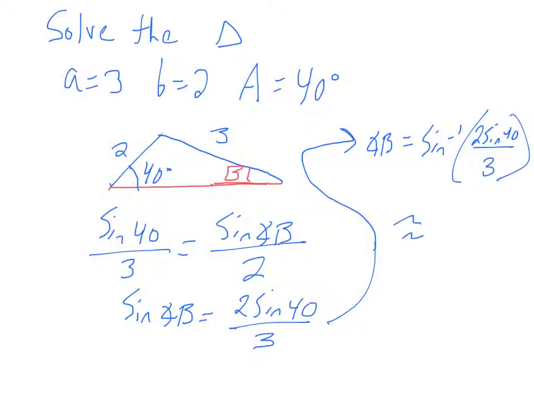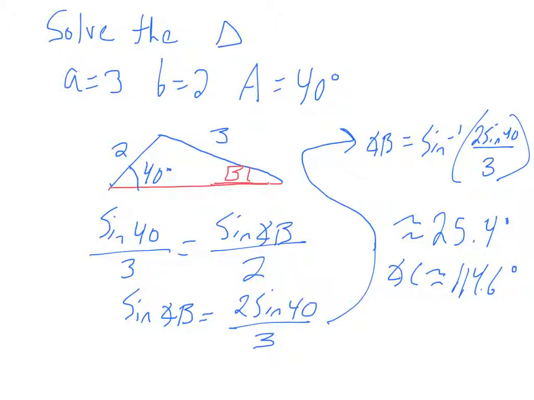If I plug that into my calculator, making sure it's in degree mode, and round to one decimal place, I should get 25.4 degrees for angle B. Angle C I can then find just by using the angle sum theorem, so 180 minus 25.4 minus 40 will give me 114.6. Now they all add up to 180.